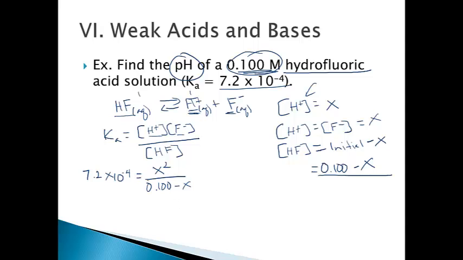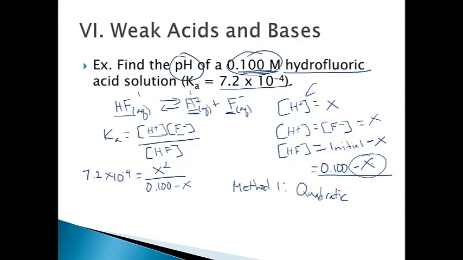Now, how do you solve for this? Well, one way, method one, is cross multiply, set everything equal to 0, and use the quadratic. And then that will solve for x. Your x cannot be a negative value because you cannot have a negative concentration. And what happens if the x's are two positive values?